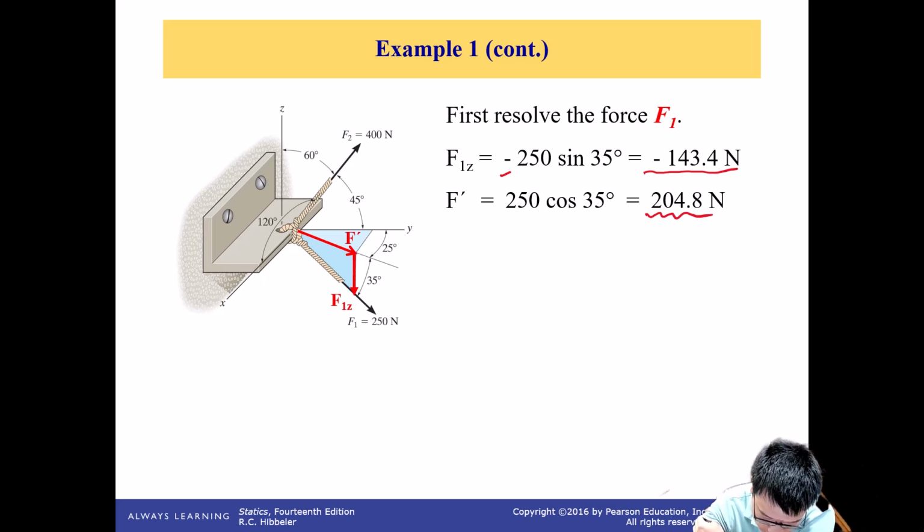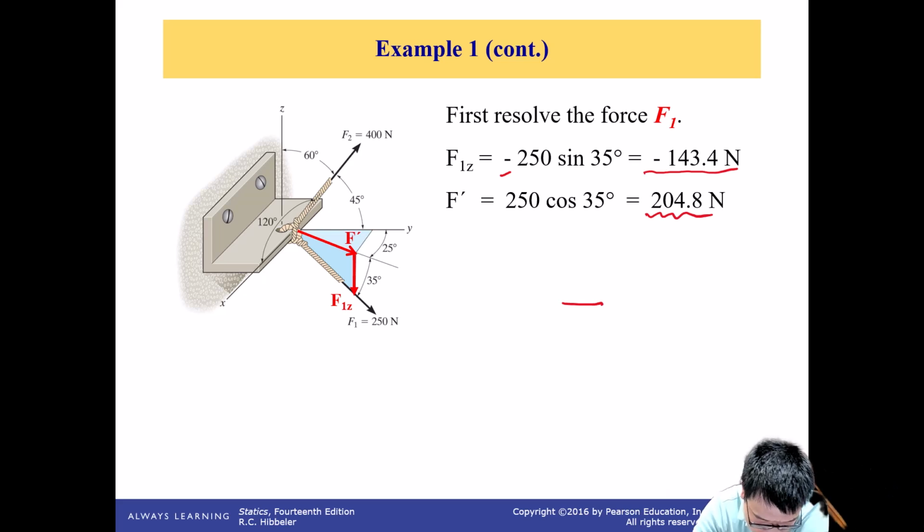If we want to resolve it into F1x, it will be F prime times sine 25, because 25 is the angle between F prime and the xy plane's axis. If we multiply by sine 25, we get its component F1x.